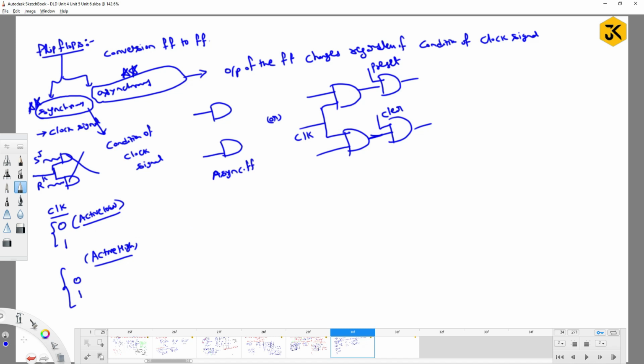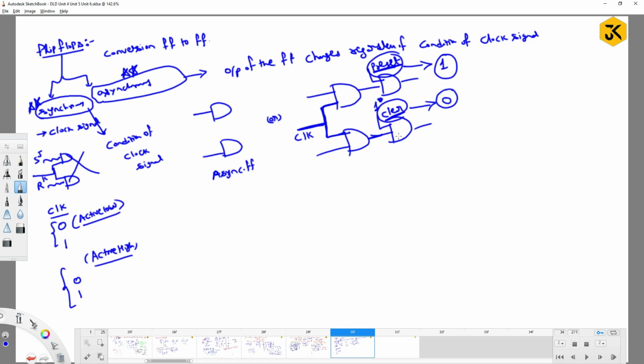Preset means I am going to set the output to the value 1. Clear means I am going to set it to the value 0. Irrespective of the clock signal, whether you pass the high clock or the low clock, it doesn't bother. These two always have the highest priority. First priority is given to clear, and second priority is given to preset.